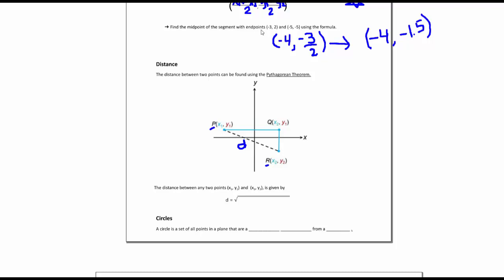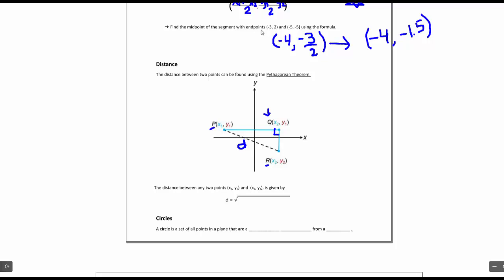But what you can do, if you want to know how far this is, you can draw the triangle in that one of the legs of the right triangle is just a horizontal line. So when we go across here and make point Q that forms the triangle, we're making that by starting at our first point and just going to the right, straight across horizontally, and then going straight down to our second point. And that makes a right triangle.